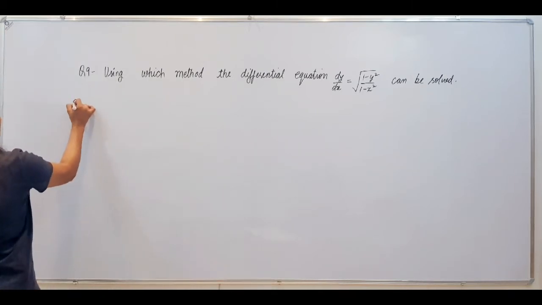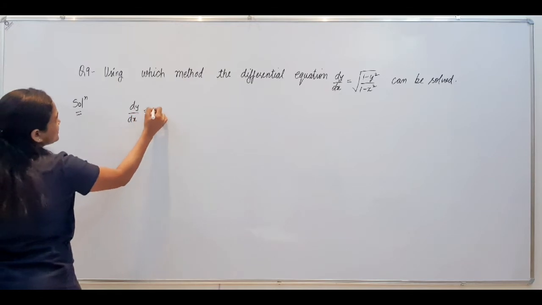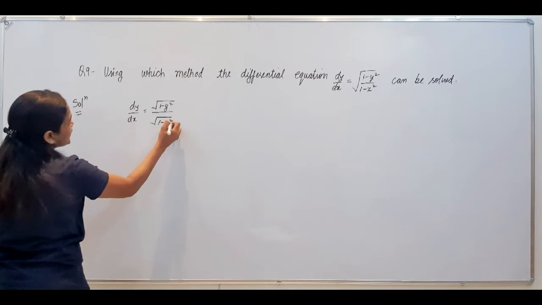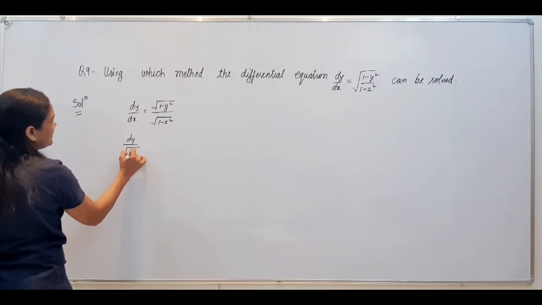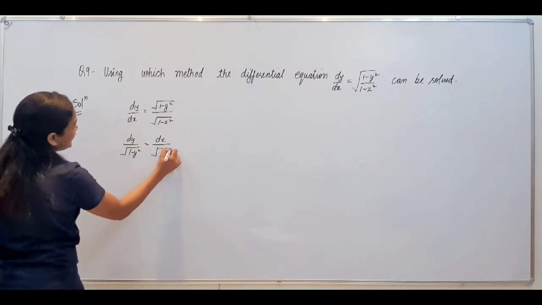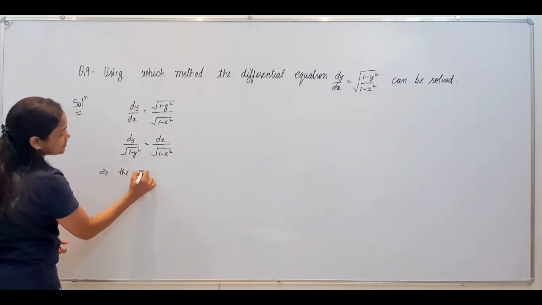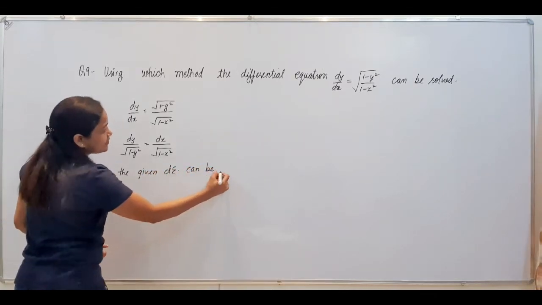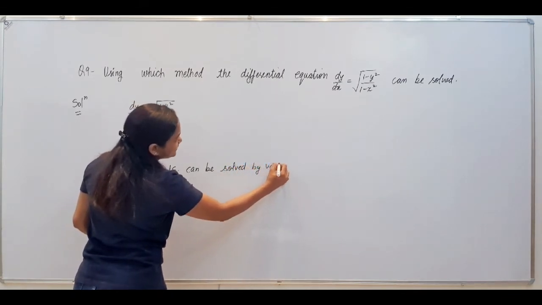So you can easily see that this equation dy by dx is equals to, this can be written as 1 minus y square upon root 1 minus x square, और आप इसको dy के साथ y के टर्म सेपरेट कर सकते हैं, और dx को अगर आप वहां पर शिफ्ट कर लें तो dx के साथ x के टर्म शिफ्ट कर सकते हैं. That implies the given differential equation can be solved by variable separable method.